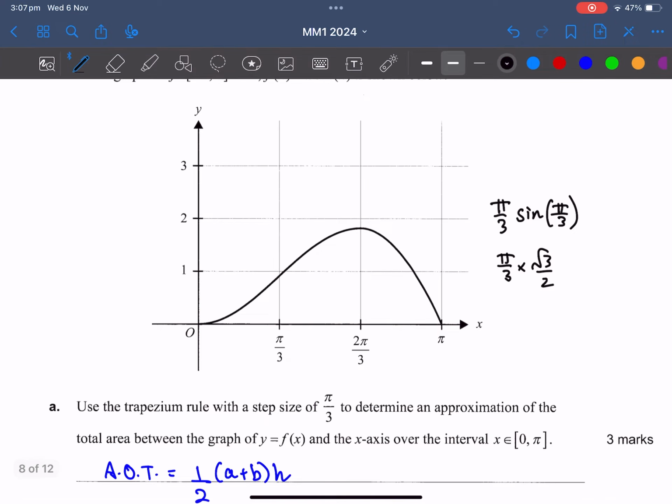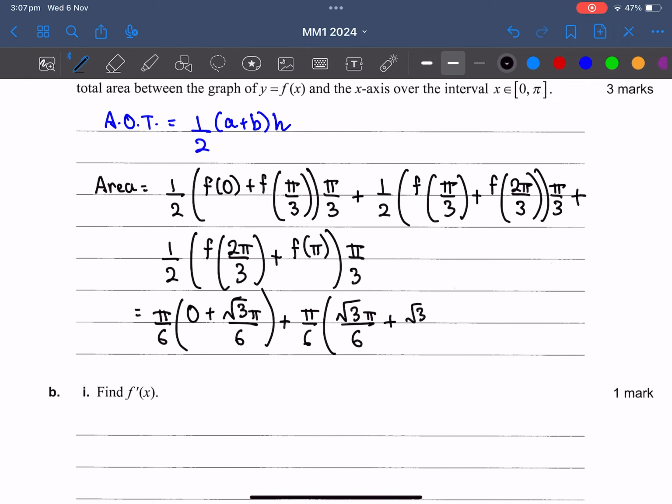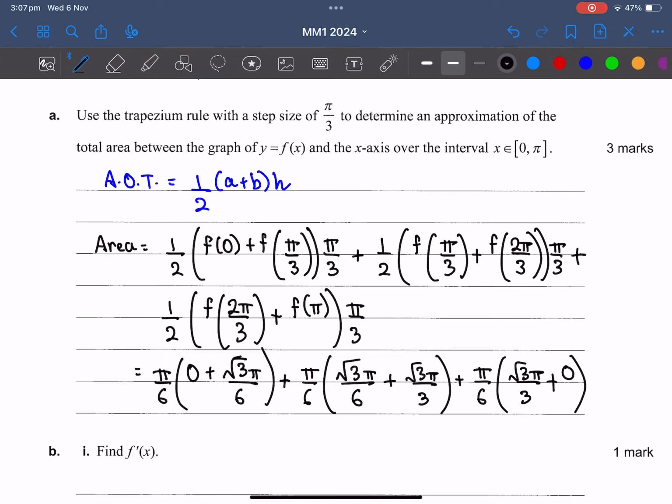For 2 pi on 3, the value wouldn't change because it's in the second quadrant. So this and this will cancel out, so root 3 pi on 3, plus pi on 6 times root 3 pi on 3, plus f of pi is just going to be 0 again.